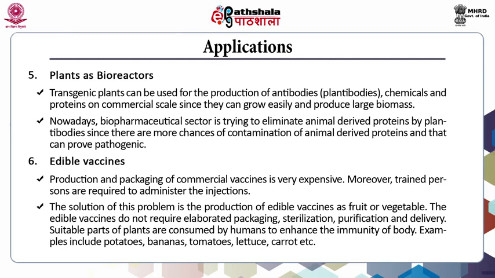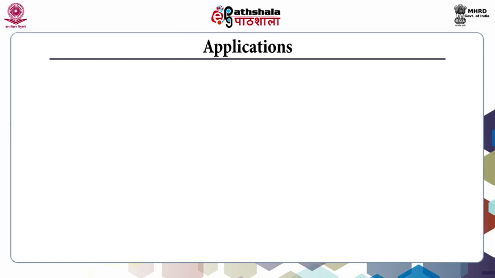Edible vaccines do not require elaborate packaging, sterilization, purification and delivery. Suitable parts of plants are consumed by humans to enhance the immunity of the body. Examples of edible vaccine plants include potatoes, bananas, tomatoes, lettuce, carrot, etc.